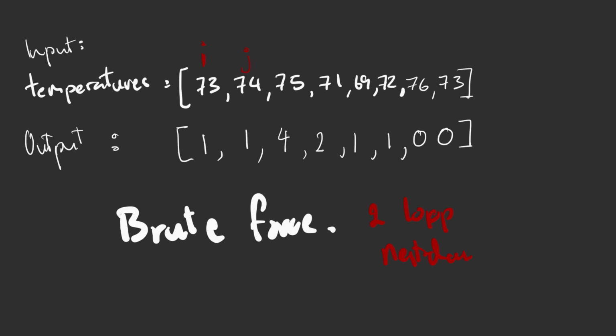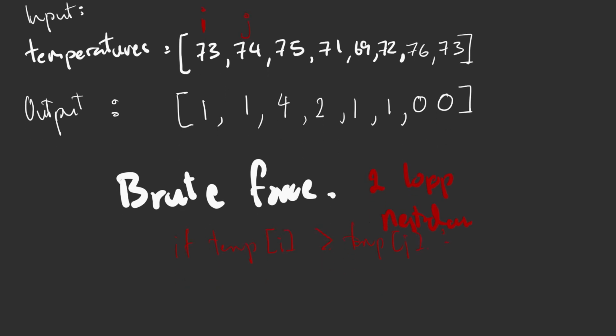We can put an if condition: if temp at j is more than temp at I, we simply take j minus I, and that is going to be the number of days to wait. And we can simply insert this number inside the output array.